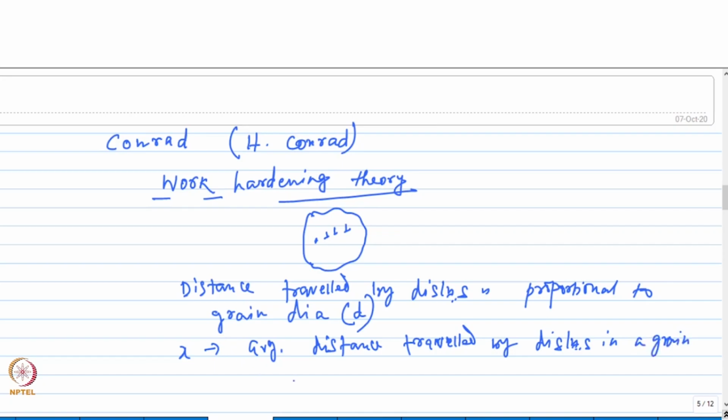Then we can write x equal to beta d, where beta is a constant, right?